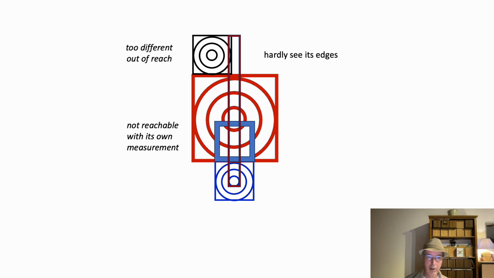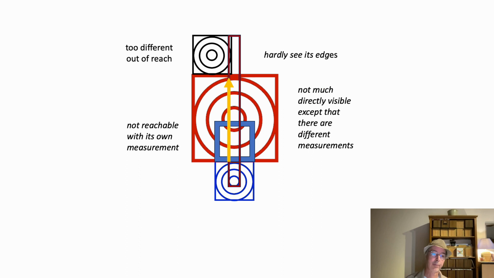We can just see this as two persons. You can see that this person has different limits. But I don't know what's in it. I don't know how to reach this person. I don't know what it is. So, but there are possibilities. With our own measurement, it's not possible.